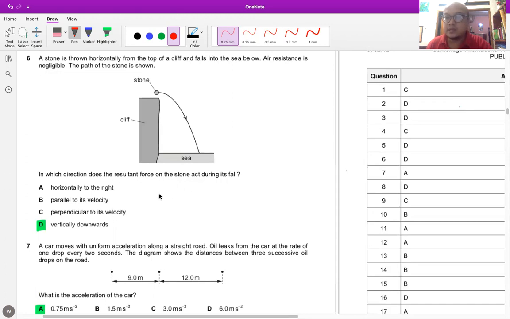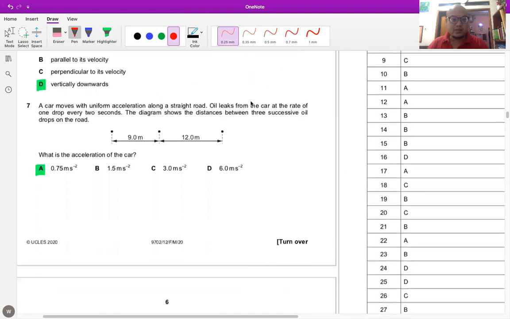Because there is no force in the x direction, they only have force in the y direction, downward. This is the weight, or mg. So it is only vertical downward. There is no force in the horizontal direction. Yes, correct.